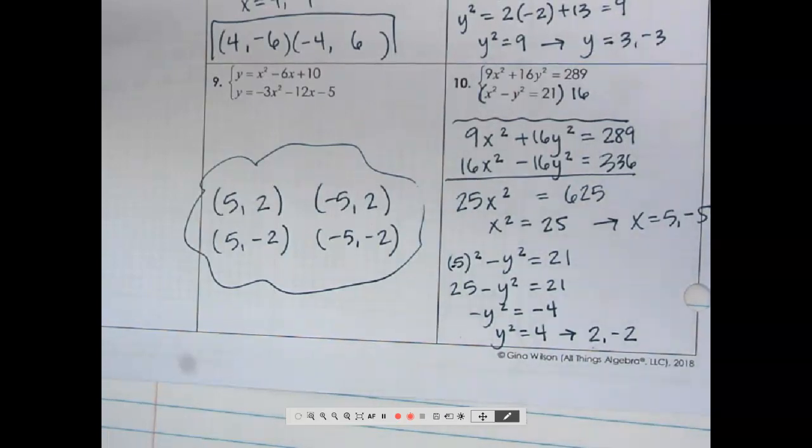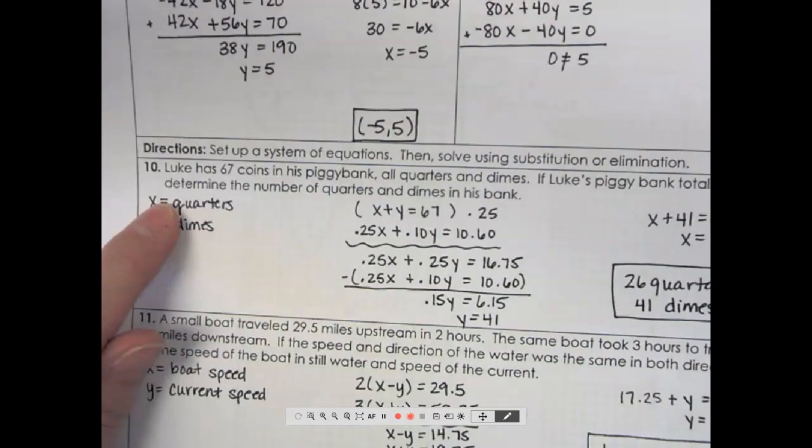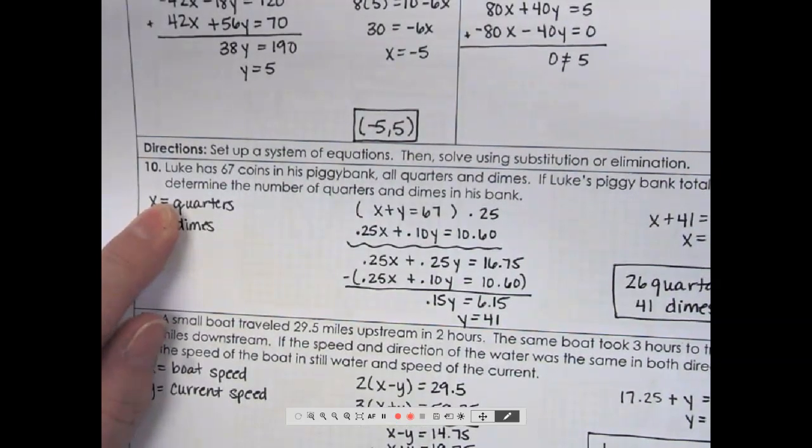All right, so you are wondering, what are we going to do next? So pull out that homework from yesterday. You will find 4 lovely word problems, starting with number 10 here.